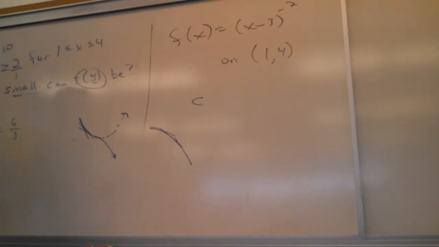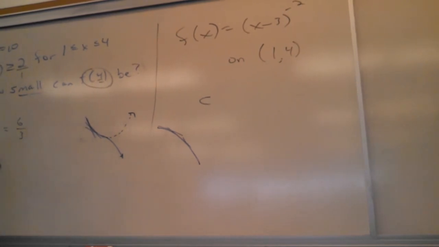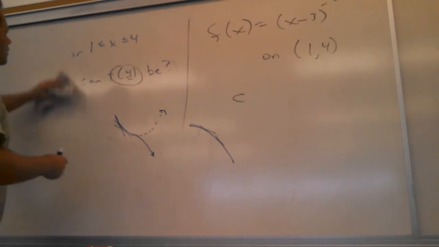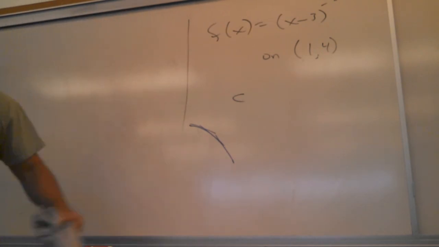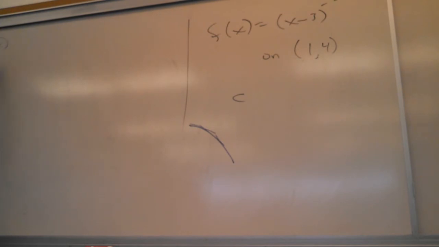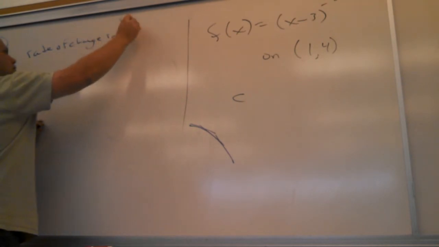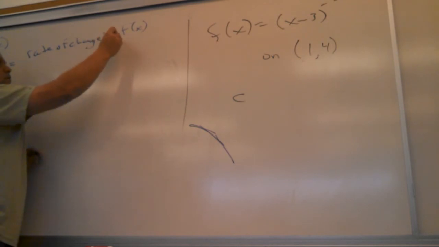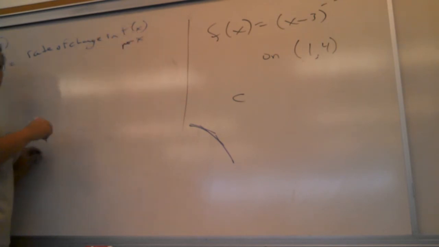So if you think about it, what should the second derivative represent? It represents the slope of the slope. Let's say it a different way, because that's a little freaky. f prime represents the rate of change in the outputs per x.